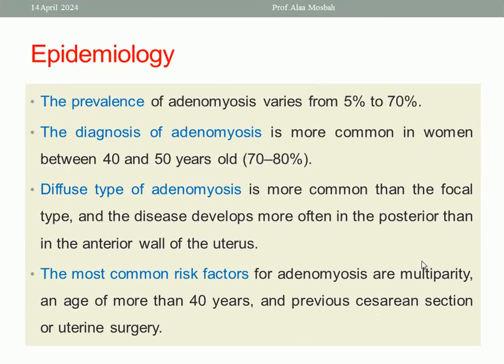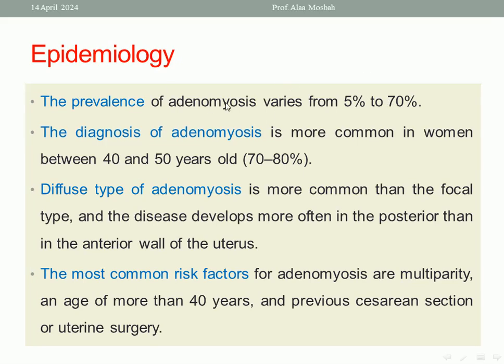What about epidemiology? The prevalence of adenomyosis varies from 5 to 70%. Imagine how big the range of this prevalence is. Why? Because there are different studies, different types of population, and different types of classification according to histopathology and according to imaging modalities.